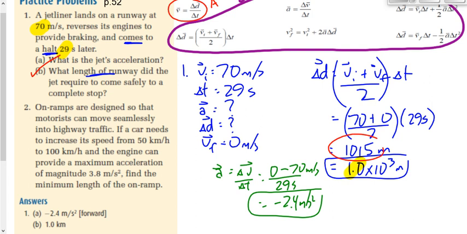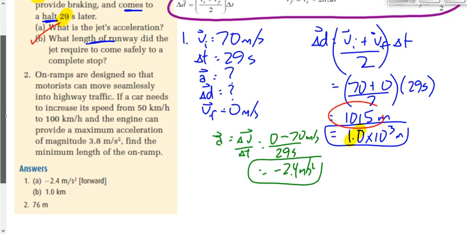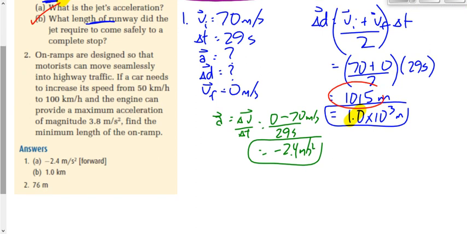What if we took that displacement, and did maybe D is equal to VIT? How about VFT minus 1/2 AT squared? Okay, what if we did that? What if we said D is equal to VFT minus 1/2 AT squared? We know that VF is 0, right?